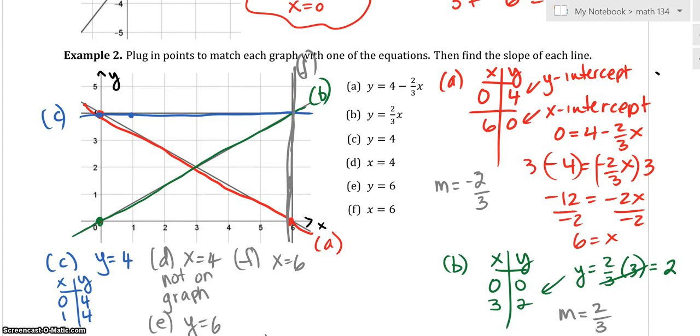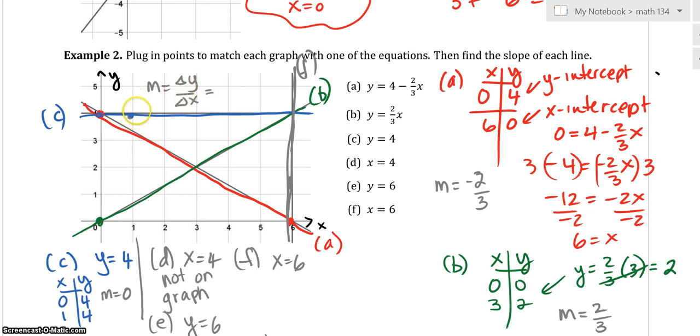C. What is the slope for C? Well, it has no x. So the slope is going to be 0. And it does make sense because what is the slope again? It's the rise over the run, or the change in y over the change in x.